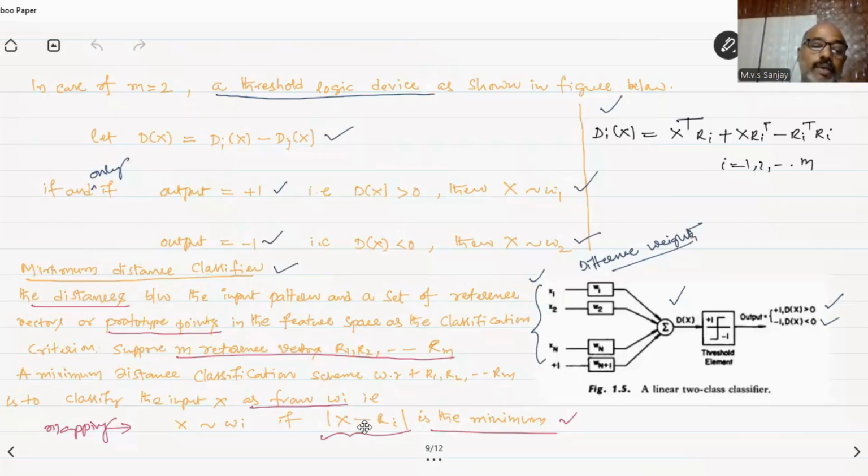After calculating the absolute value between X and Ri, among all values we select the minimum and the respective reference vector. Based on the reference vector, one can decide the class. So this is about the minimum distance classifier.